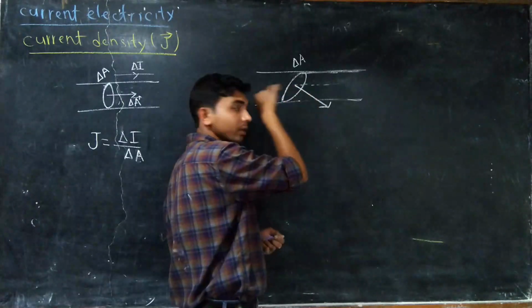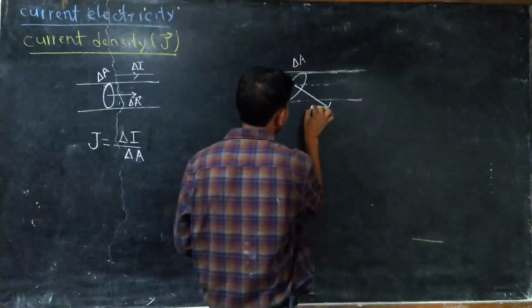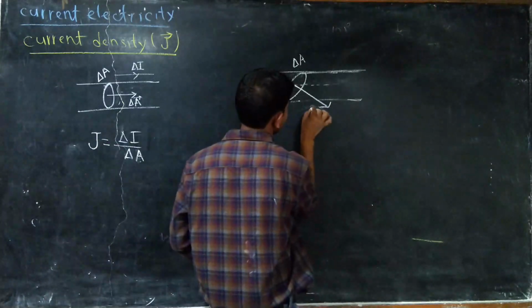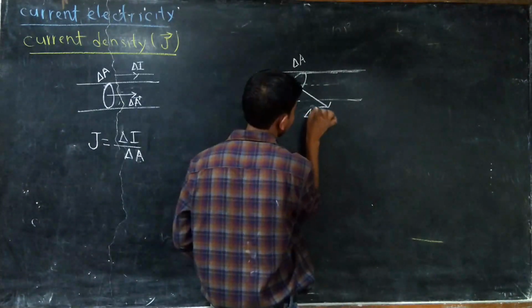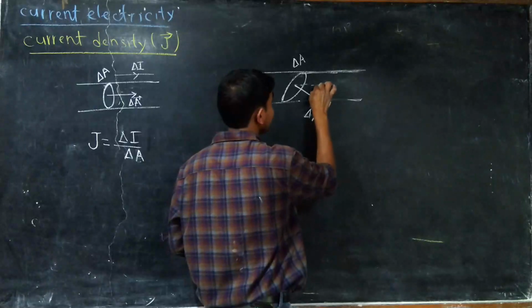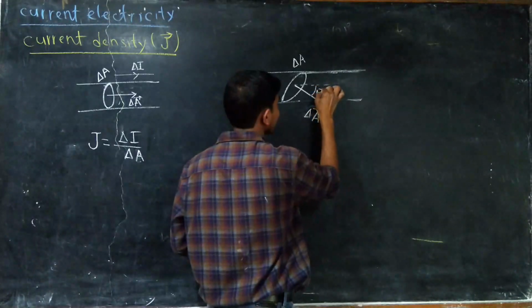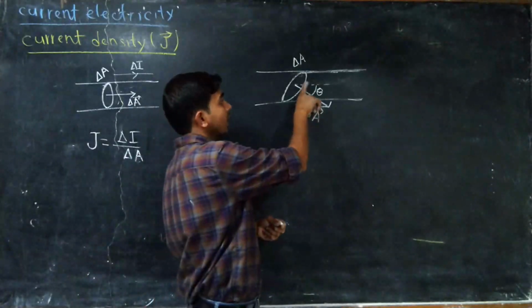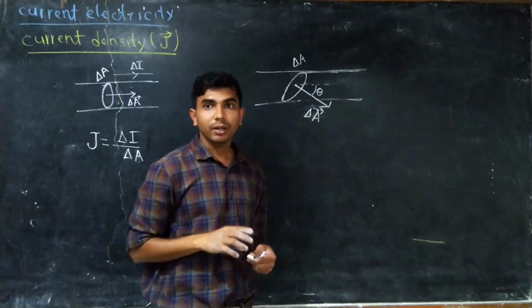Area vector delta A is in this direction, and this angle is theta, where theta is the angle between the current and the area vector.